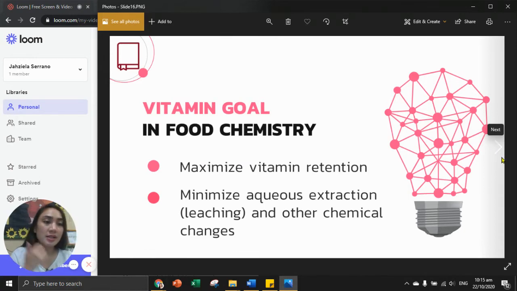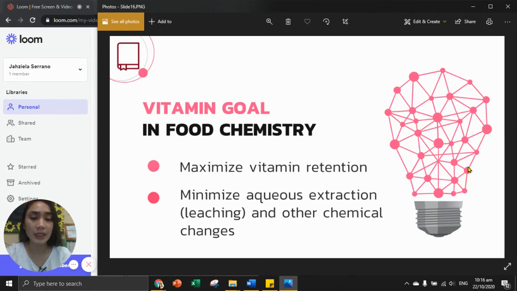So, sa food chemistry, since that's our course right now, which is FST 311, and of course, you as a food technologist, you should know that a vitamin goal in food chemistry is of course to maximize vitamin retention. So even in post-harvest handling, we all know, even in food flow, we all know that in every food, we have to maximize the vitamin retention.